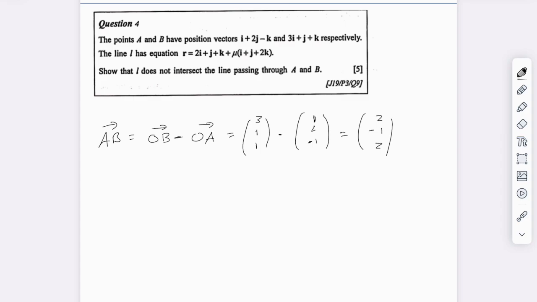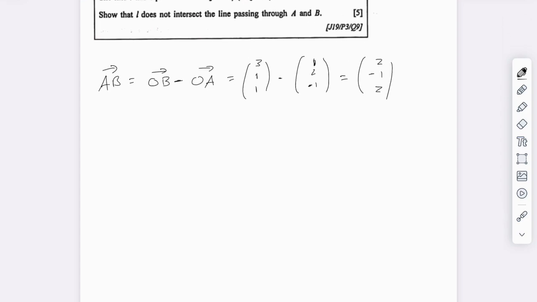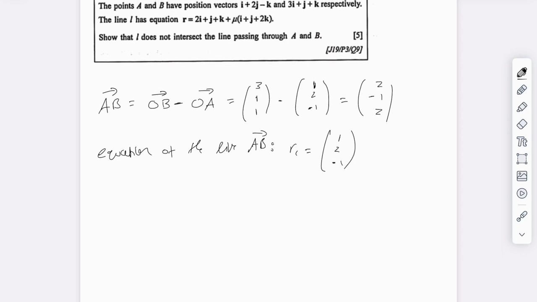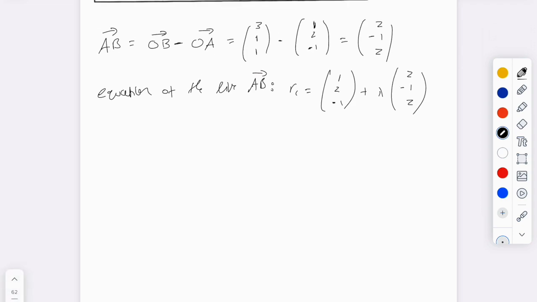So we've got AB, and so therefore what I can say is the equation of the line AB can be represented as the following: R1 is equal to 1, 2, negative 1, okay, because that's what A represents, plus lambda, which is our multiplier here, 2, negative 1, 2. Okay, fine.